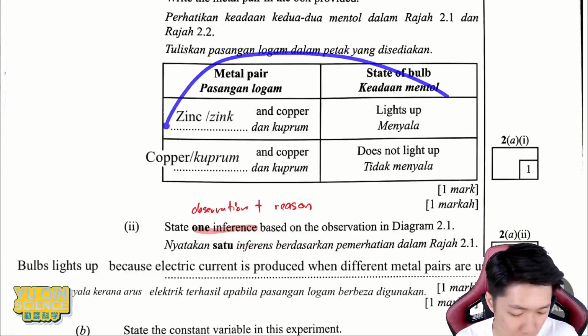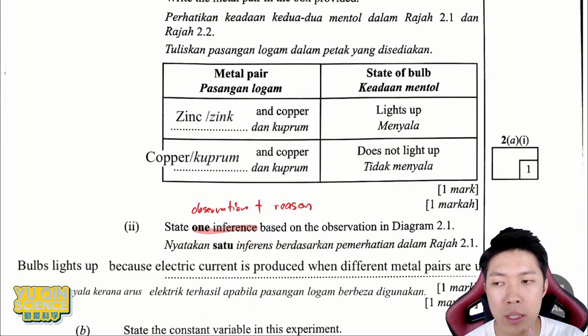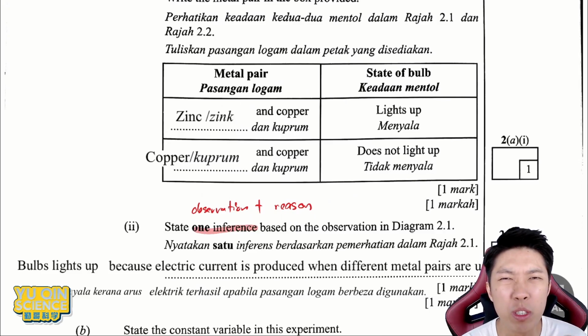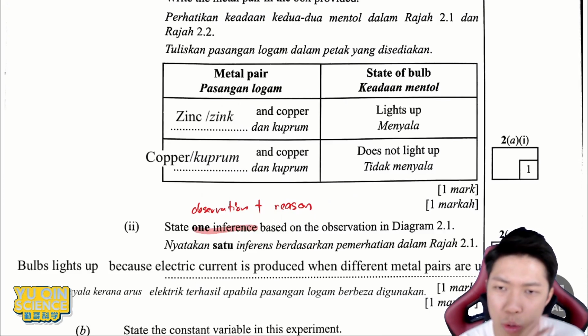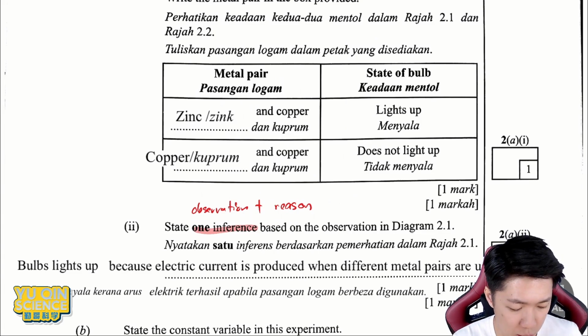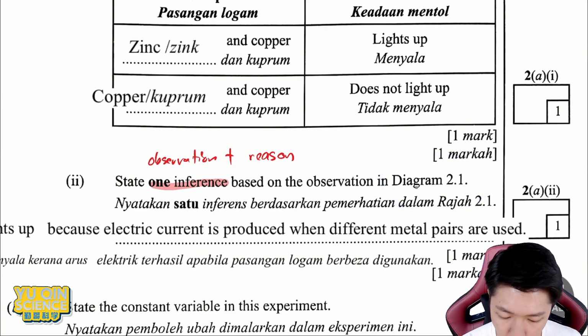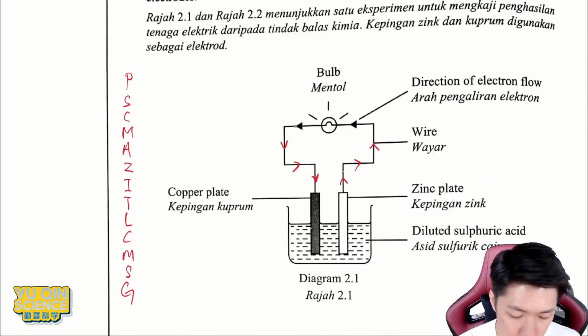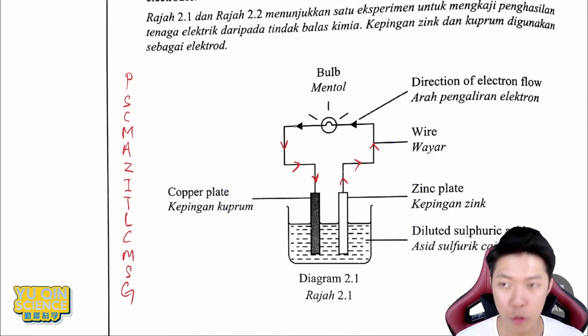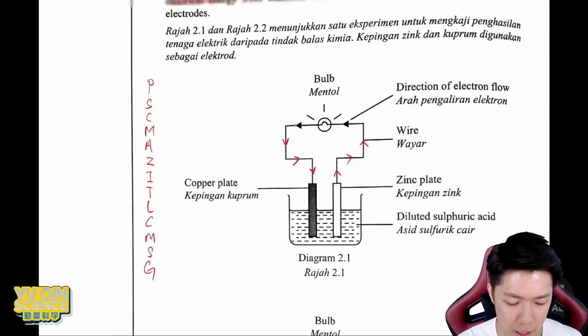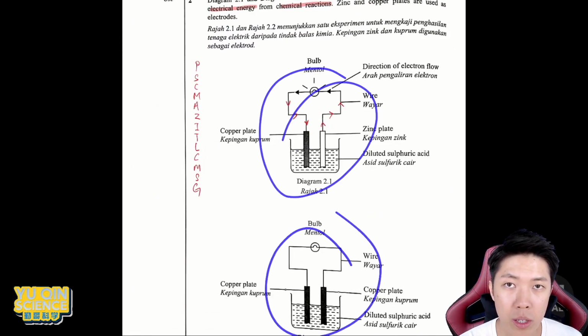We have two now, right? Some students ask me, how many observations should I write? Should I write all of them or one? Basically this question only wants you to focus on 2.1, so you only write 2.1, not 2.2. If the question did not say 2.1 or 2.2 and there are only two, then you write both.